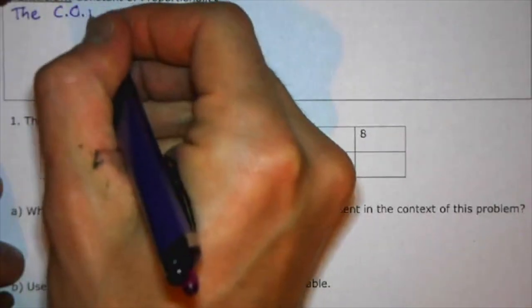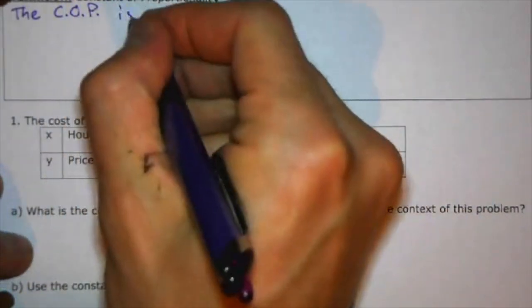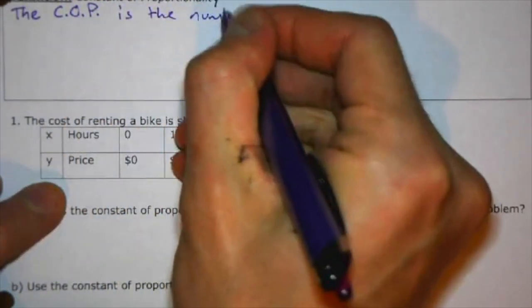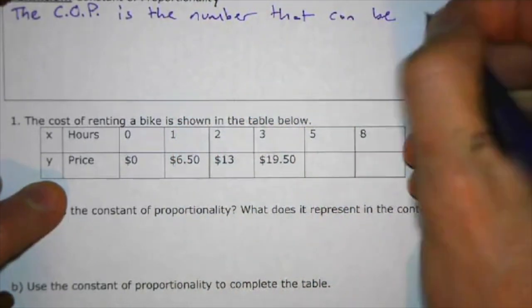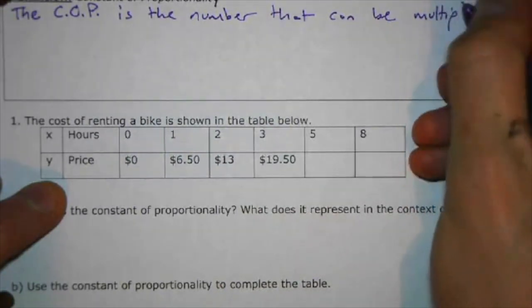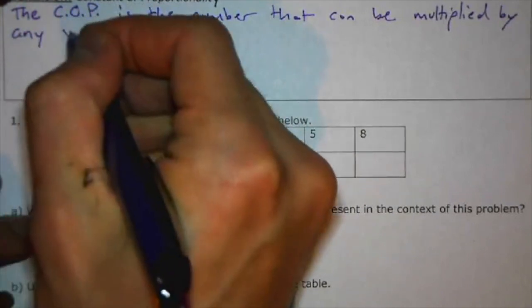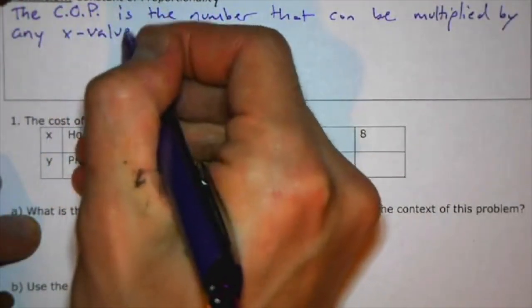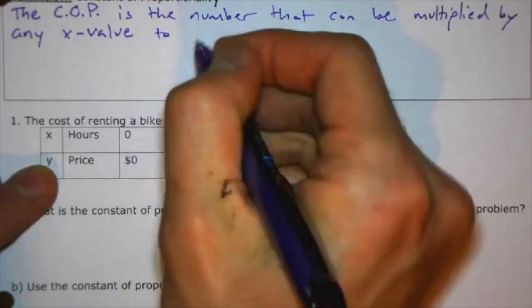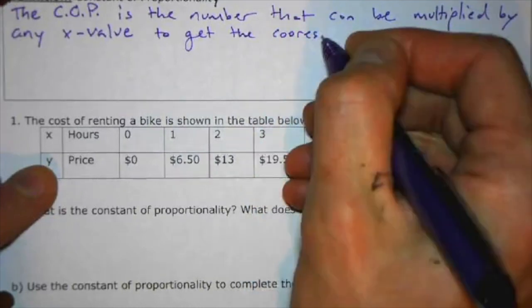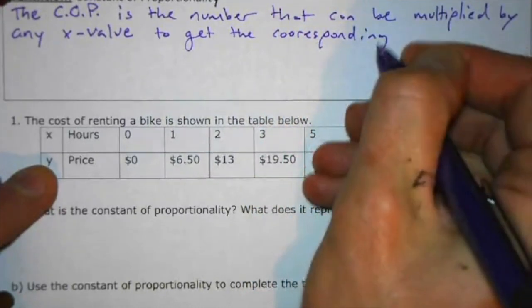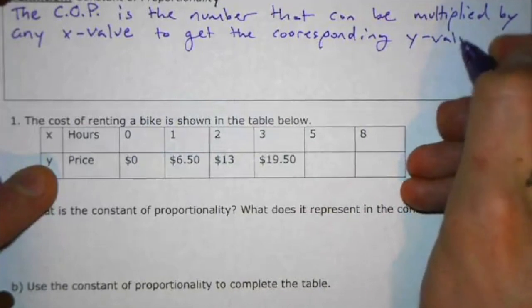The constant of proportionality, the COP, is the number that can be multiplied by any x value or any input to get the corresponding y value.